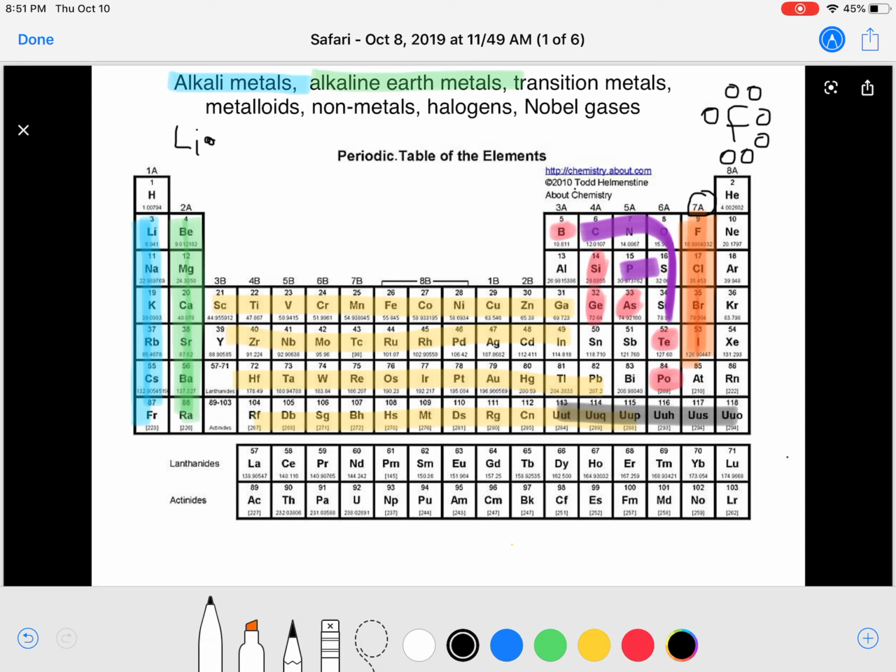So fluorine is so close to getting that 8th electron, that they're going to pull it from anything. So something like lithium over here is going to lose that electron very easily to fluorine. So fluorine's going to rip that electron away. And lithium wants to get rid of that electron. It doesn't want that one electron because it wants to be happy with a full outer shell as well.